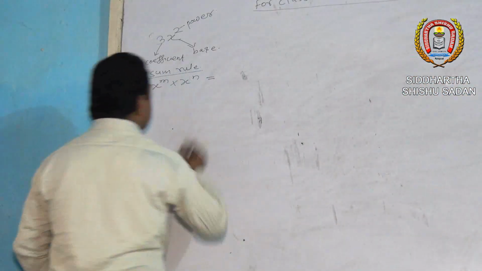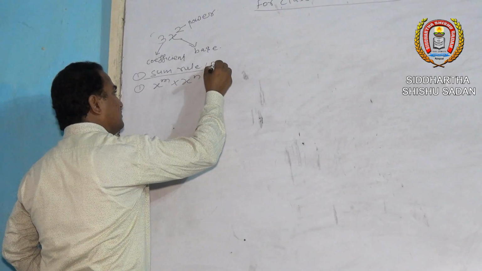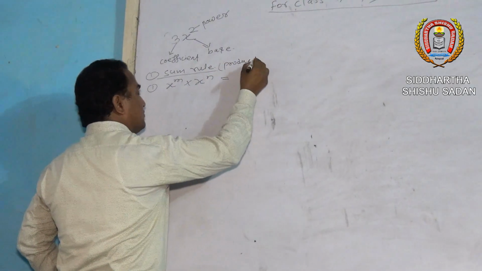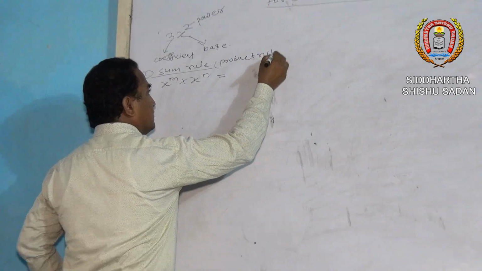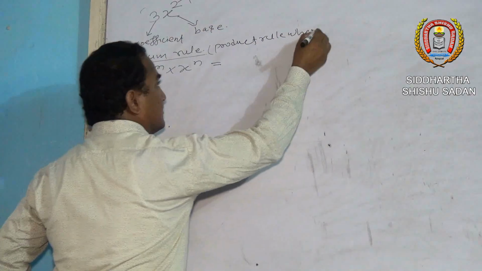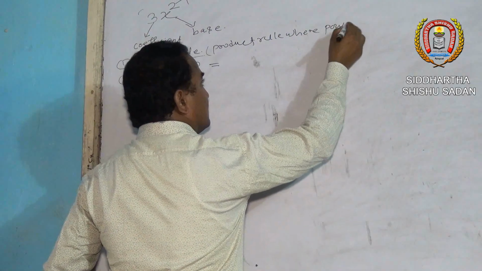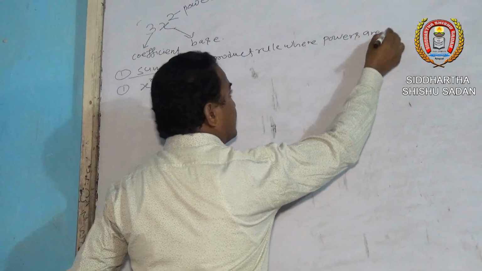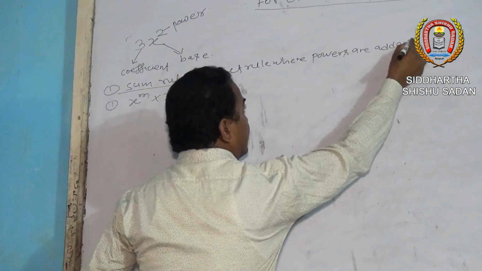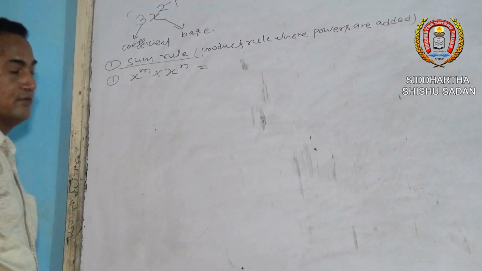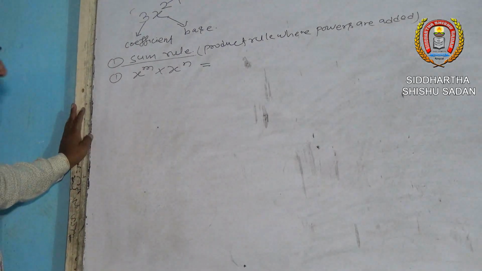That is also called the product rule, where powers are added.